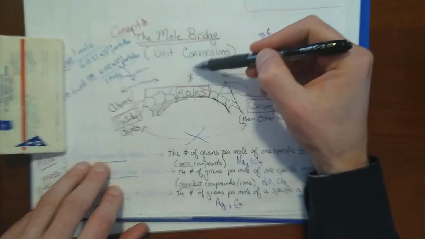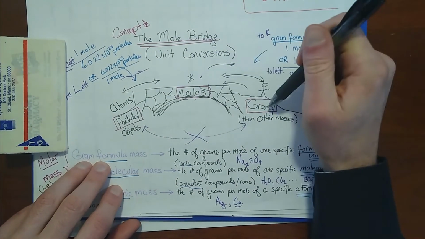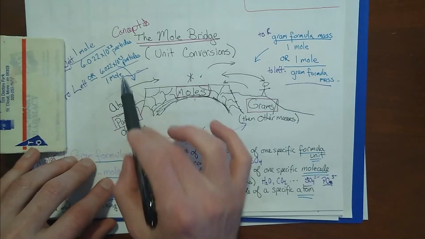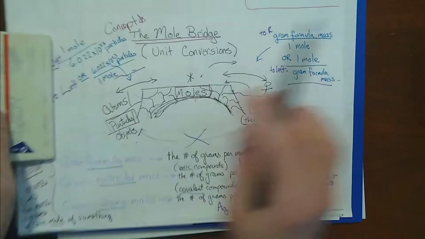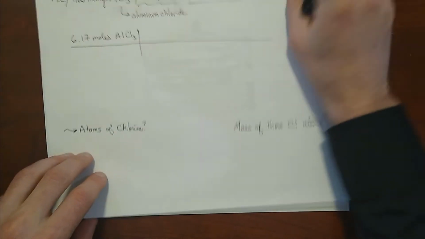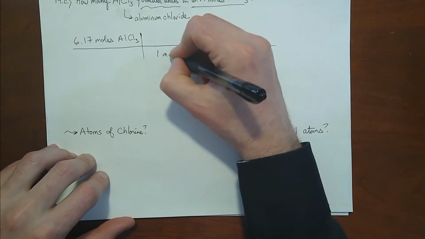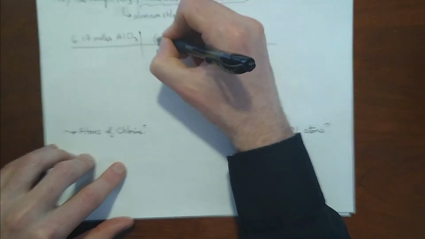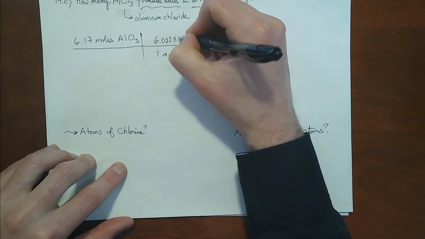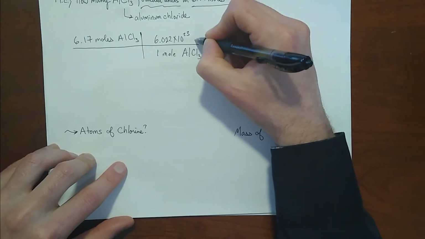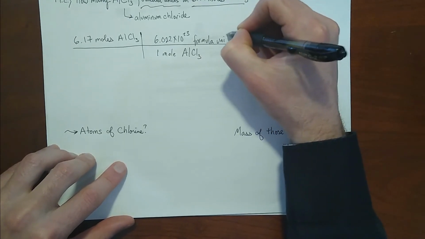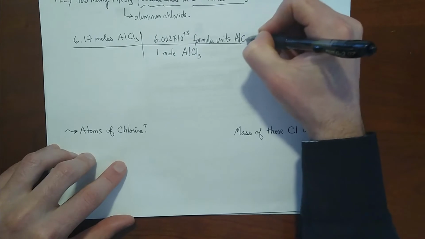Again, I'm standing on the middle of the bridge, but this time instead of going to mass, I want to go to number of particles. So I need one of the conversion factors with Avogadro's number. In 1 mole of something, in this case 1 mole of aluminum chloride, there are 6.022 times 10 to the 23rd formula units, whatever the particular particle happens to be, of aluminum chloride.